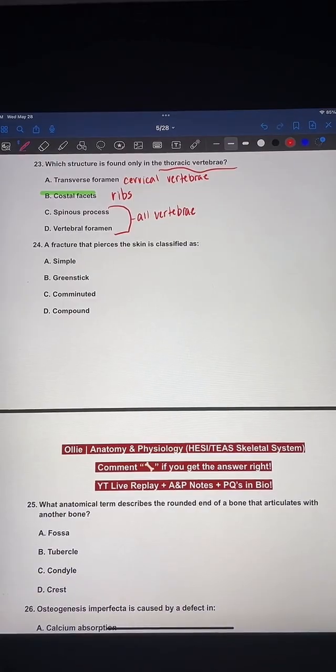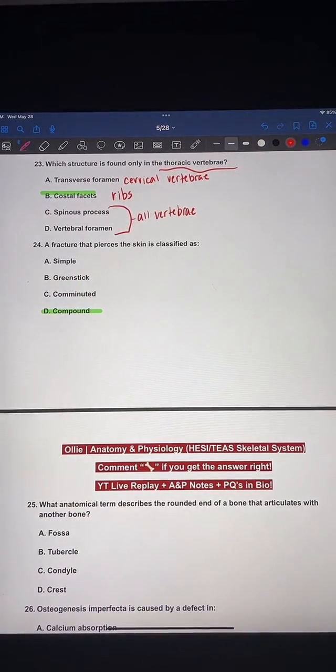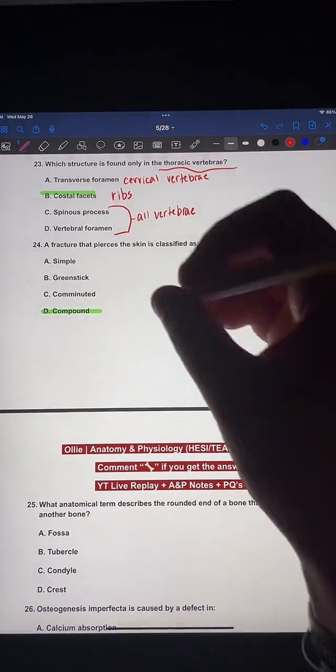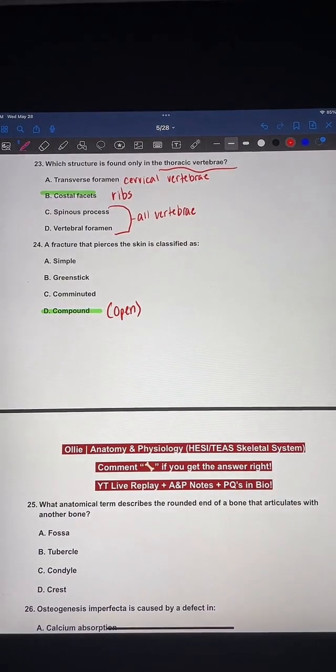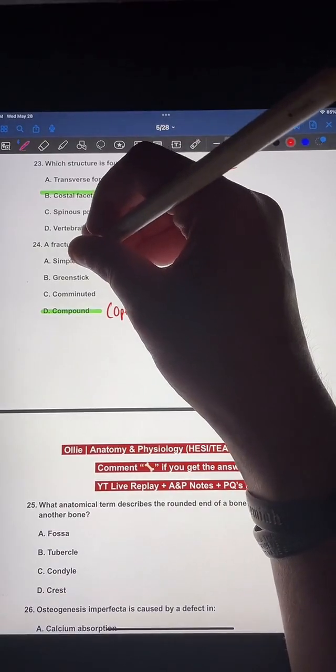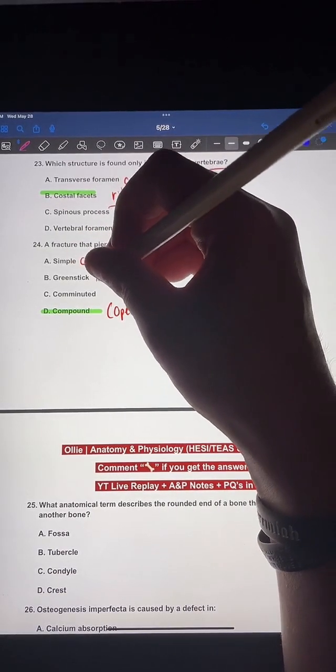But anyway, back to number 24. A fracture that pierces the skin is known as a compound fracture. A compound fracture essentially is what we refer to as an open fracture that breaks through the skin. A simple fracture is closed. Greenstick, this is an incomplete fracture.